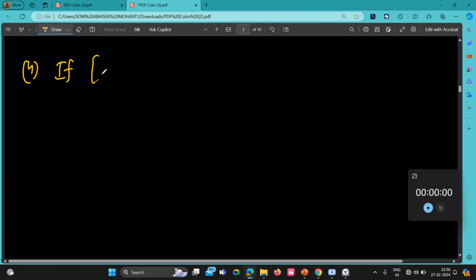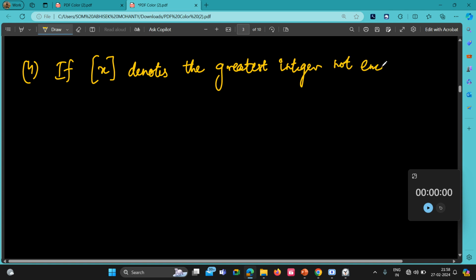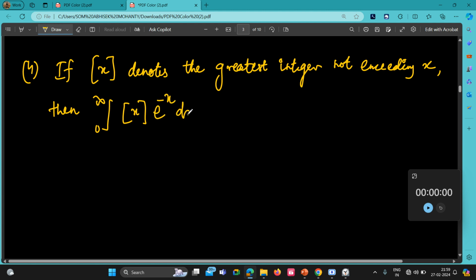If [x] denotes the greatest integer, you must have studied it in class 12, the greatest integer not exceeding x, then the integral from 0 to infinity of [x] e to the power minus x dx will be how much?